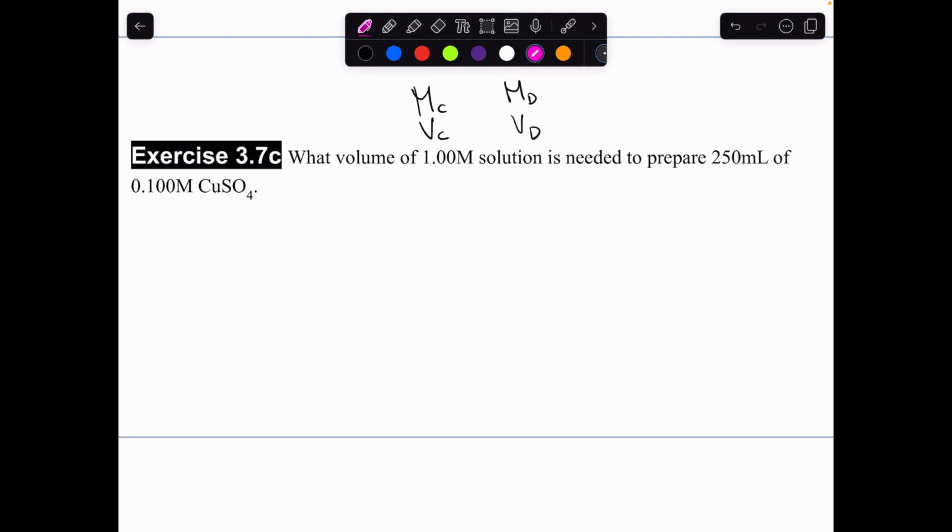Our concentrated side is always going to be the high molarity. So since we're going from a 1 molarity down to a 0.1 molarity, this would be my diluted and this would be my concentrated. Then when I read it here, it says needed to prepare 250 of that.